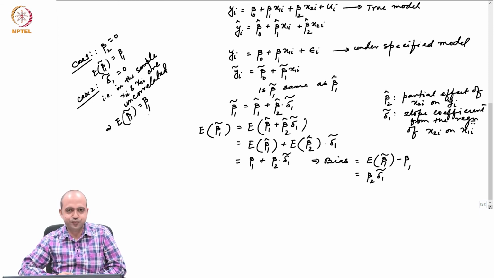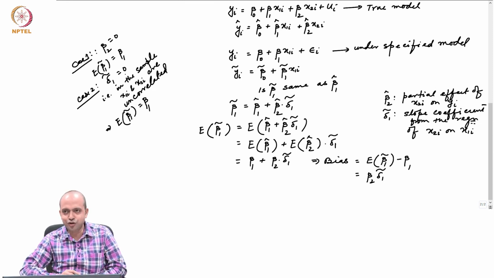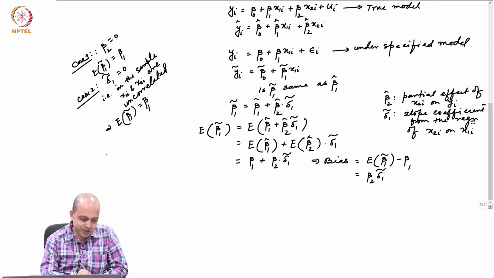However, in reality these two cases do not arise. Rather, we get beta 2 positive and delta 1 tilde not equal to 0. If that is the case, we can arrive at alternative cases. Let us say this is case 3: beta 2 is positive and delta 1 tilde is also positive.